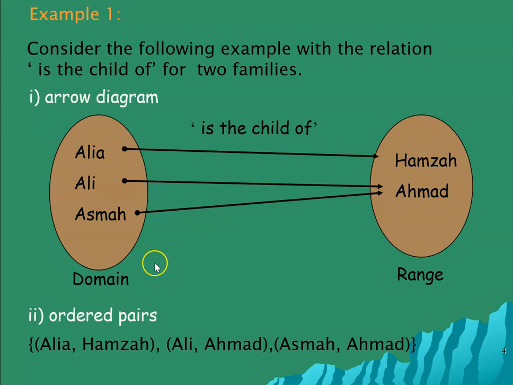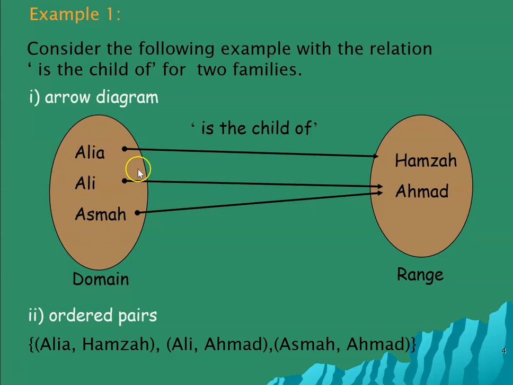You need to have these two sets, one is the domain and two is the range, to have a relation. Then the second relation is Ali is the child of Ahmad, and the third relation is Asma is the child of Hamza. So these are the relations that you have from this domain.